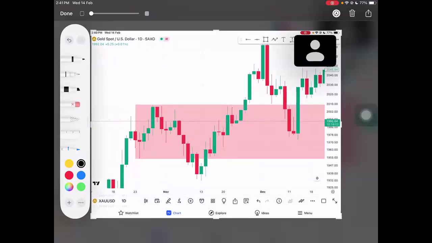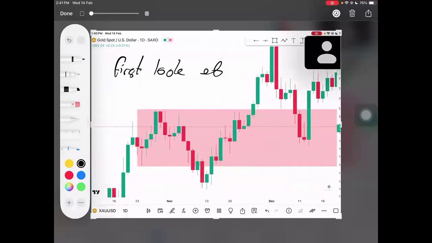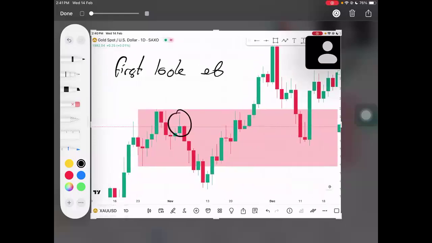So for me, I will first look for EF, because EF is reversal signs. Correct. So we have one EF and two EF here.